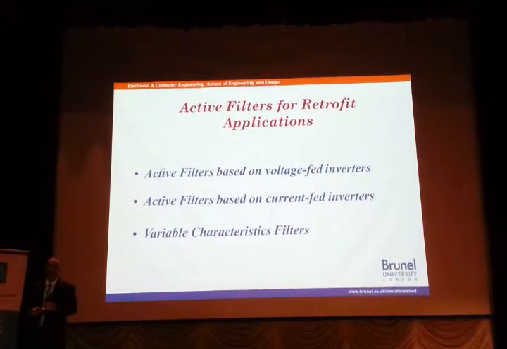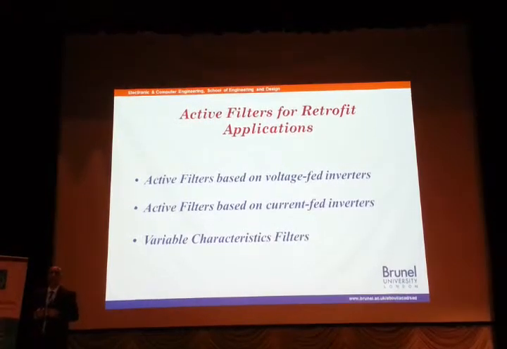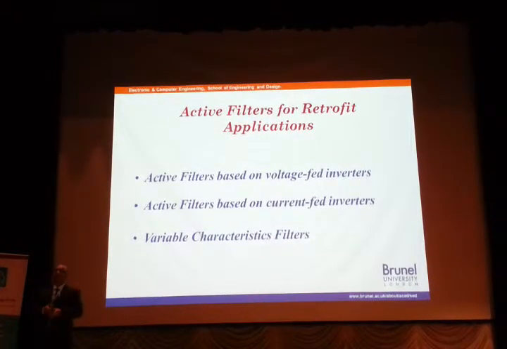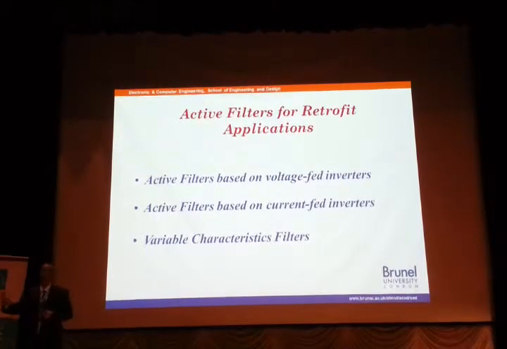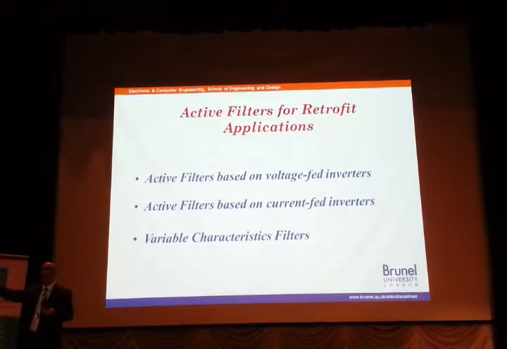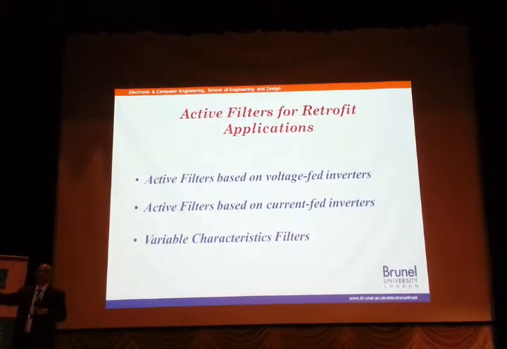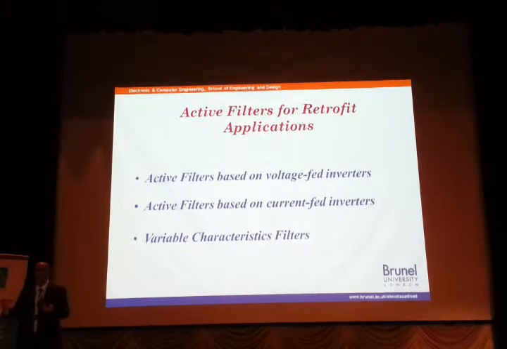There are so many different types of active filters nowadays. Active filter based on voltage fed inverter. That's very interesting. Remember, an inverter converts from DC to AC. So you have a solar panel there, which takes this DC source and converts it into AC. However, this inverter generates harmonics.